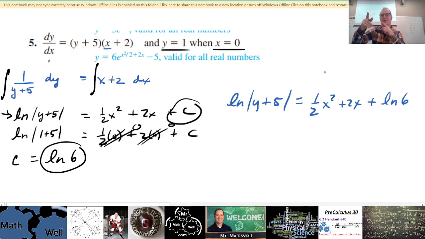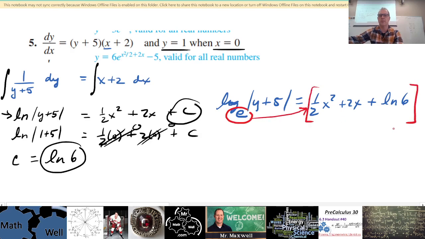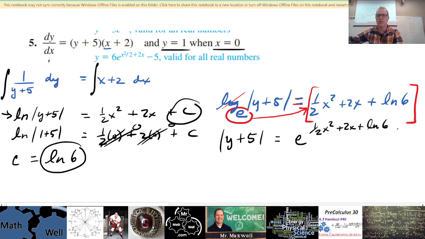Yeah, exponential equation. Awesome. So this ln, remember, is the same as log base e. So going to the exponential form, you take the base of the log and put the exponent of whatever's on this side, all of this, and then equals this right here. And that's how you get rid of the log, okay? So that becomes y plus 5, still absolute value technically, equals e to the power of 1/2 x squared plus 2x plus ln 6.